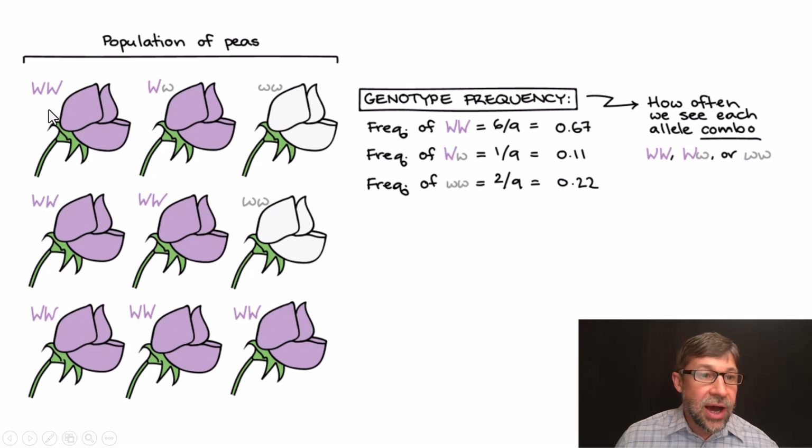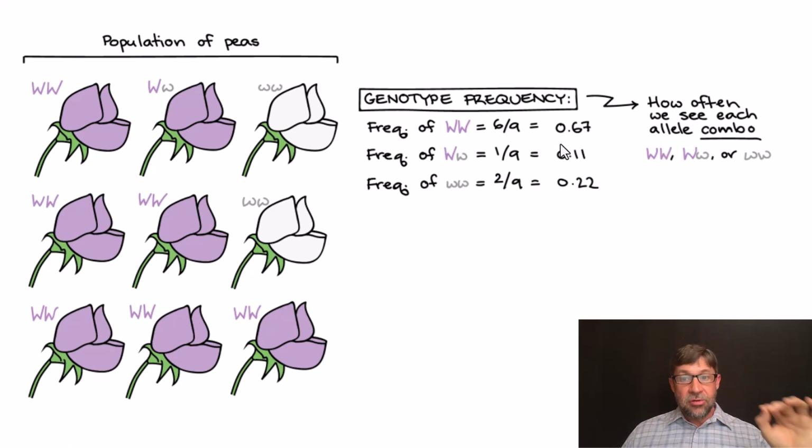So you have 9 individuals, and if we count 1, 2, 3, 4, 5, 6 out of 9 are homozygous dominant, big W big W. So the frequency of big W big W is 0.67.